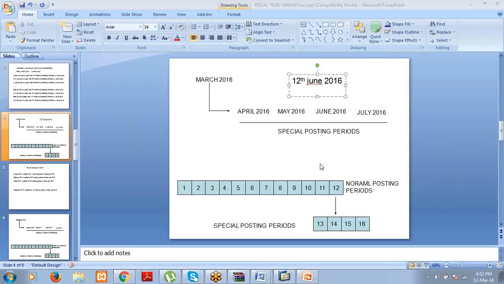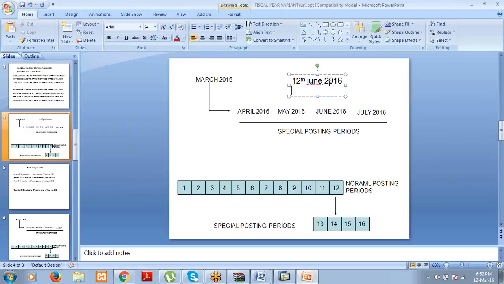So in this case, how does the system differentiate between the business transaction relating to the current year or previous year? Remember, at the time of posting every business transaction, the user has to enter the period number.